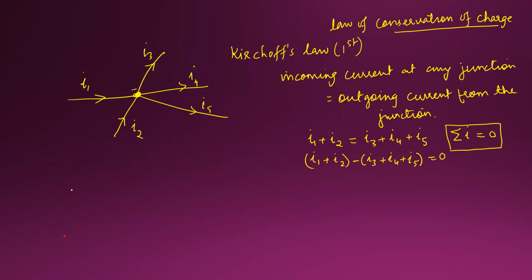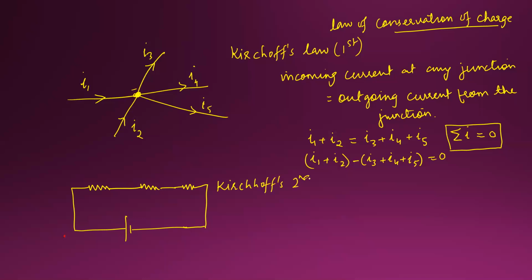Second law is, if there is any circuit and we are having a few resistances in the circuit, and a few batteries are also there, then Kirchhoff's second law says that the summation of all the EMFs will be equal to the summation of the individual potential differences across each resistance. While using this law, we have to use certain conventions.